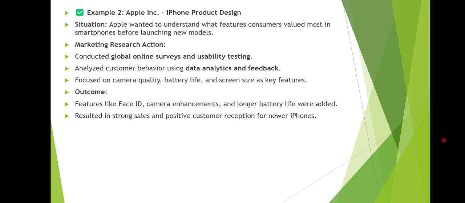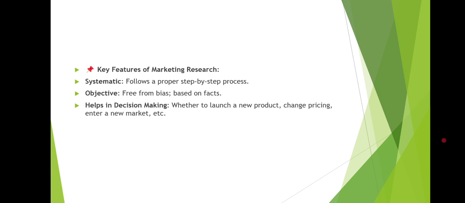They focused on camera quality, battery life, and screen size as key features. And these are the outcomes after marketing research. Features like Face ID, camera enhancement, and longer battery life were added, which resulted in strong sales and positive customer reception for the new iPhones.